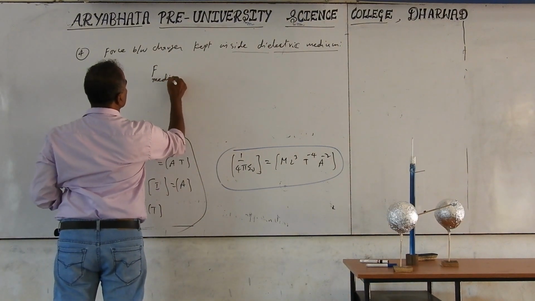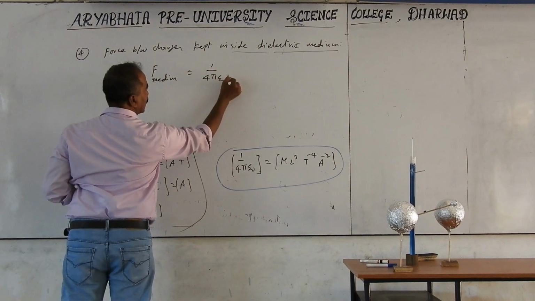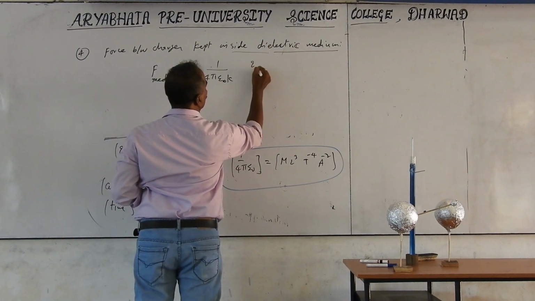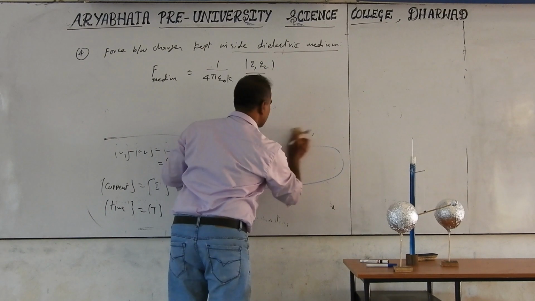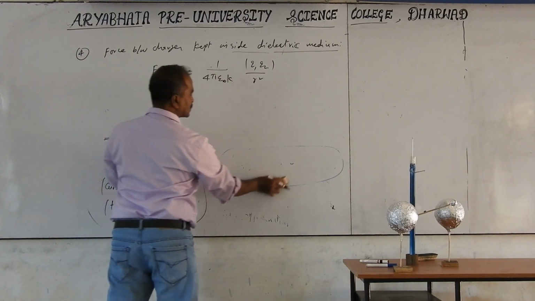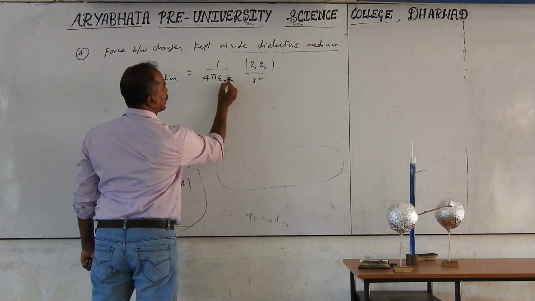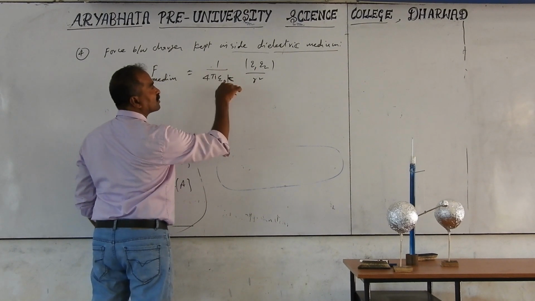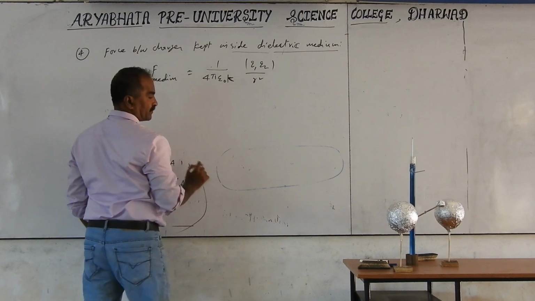Force with the medium is equal to 1 by 4 pi epsilon naught into K into Q1 Q2 by R square. In case you take any medium like water or plastic between the charges, then the formula is modified as F equal to 1 by 4 pi epsilon into K. This K additionally comes, called the dielectric constant, a property of the particular dielectric medium. Dielectric means insulator. Q1 Q2 by R square.